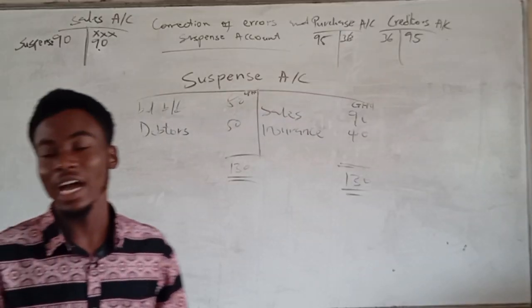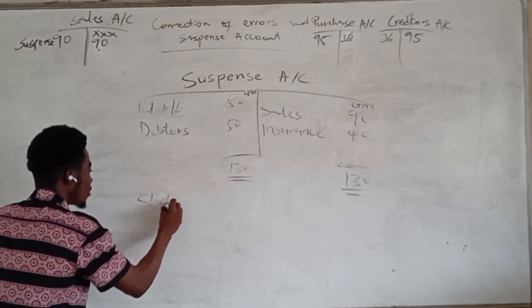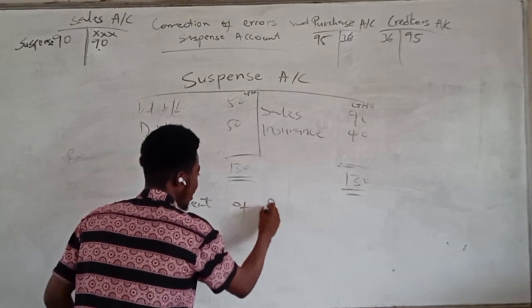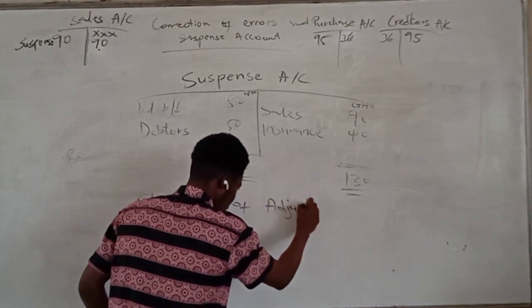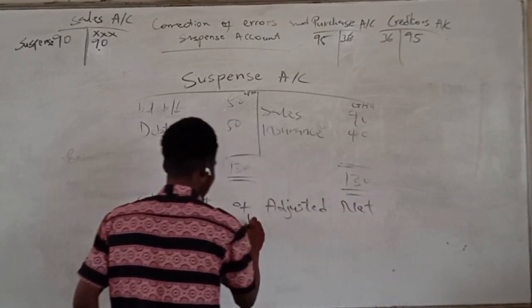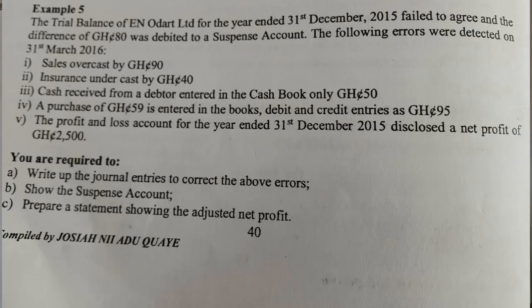Now let's go to the adjusted net profit. So our statement of adjusted net profit. Okay, so the question says that the profit and loss account for the year ended 1st December 2015 disclosed a net profit of 2,500.